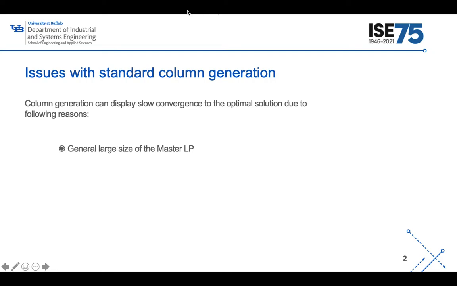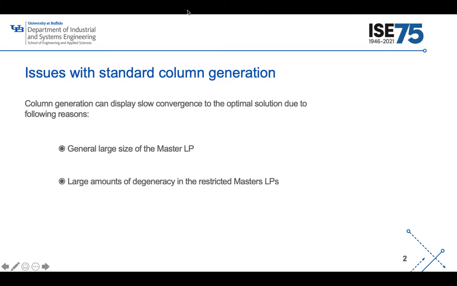Even though the column generation procedure is very useful and beneficial, it still depends on how many variables there are and sometimes takes many columns generated to reach an optimal solution. So in the case of vehicle routing problems, we have a lot of different columns, especially if there's like 14 vehicles rather than 3, then the number of columns grows and it becomes really tough to find a quick convergence to the solution.